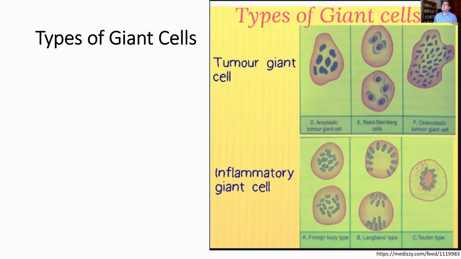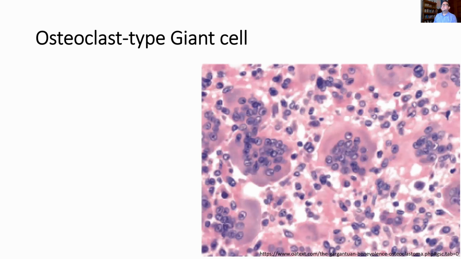So for the purposes of today, this is the osteoclastic. And I just want you to kind of memorize this look. It's a cluster of nuclei here, and then it has this ground glass appearance to the cytoplasm around there. And this can be seen in foreign body giant cell reactions, and even in sarcoidosis.